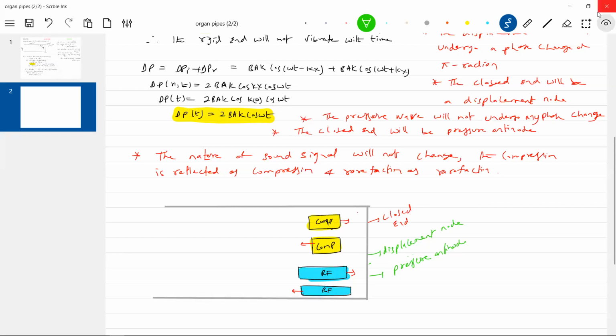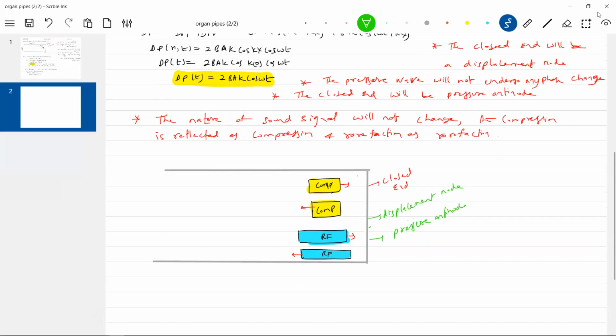Okay, now the excess pressure is varying harmonically. So what is the value of the maximum pressure at the closed end? Shall I write P naught plus 2BAK? Agree with this? The pressure will become P naught plus 2BAK.